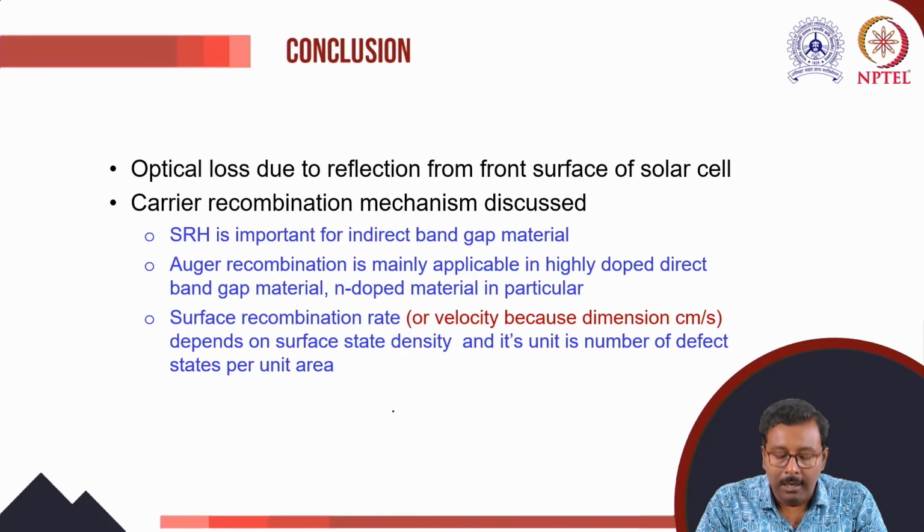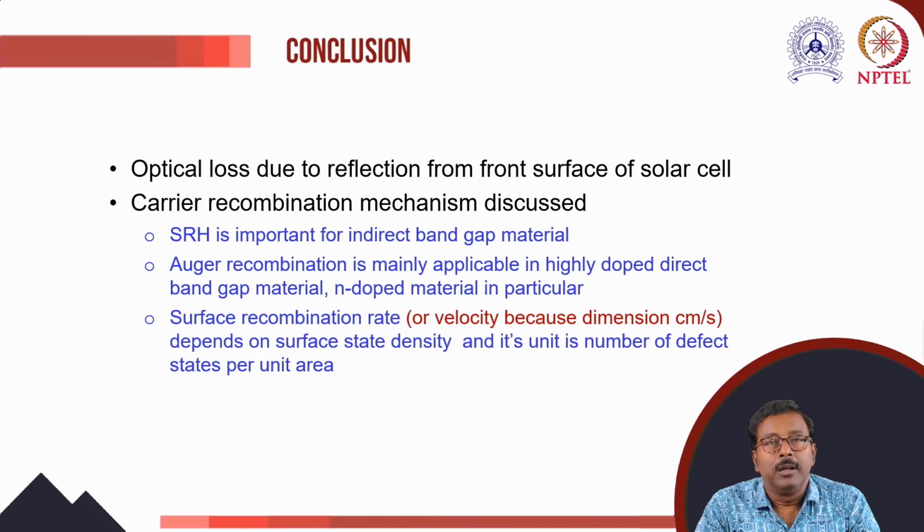So in this lecture, we have discussed optical loss mainly due to reflection from the front surface of a solar cell, and also some carrier recombination losses which are dominating in the case of a solar cell. SRH and Auger recombination are the two dominating processes.